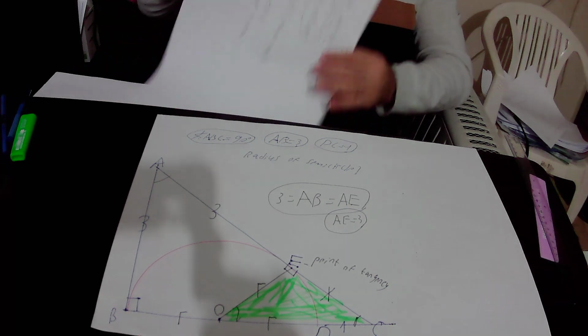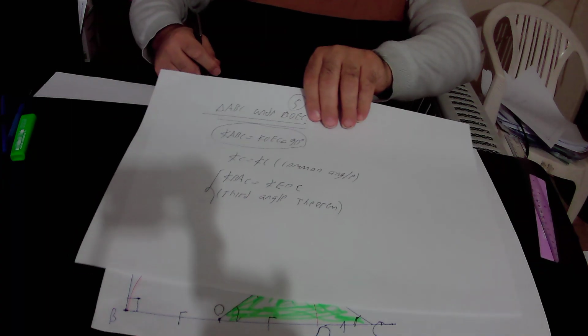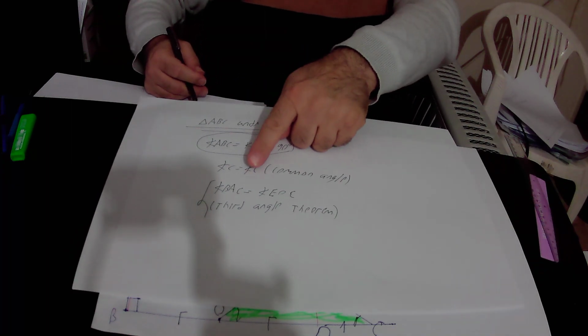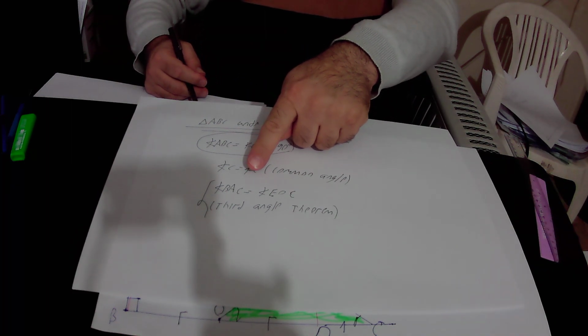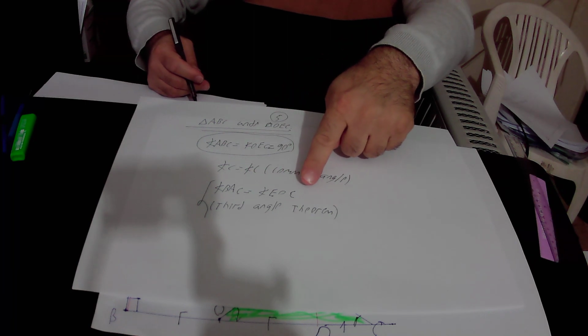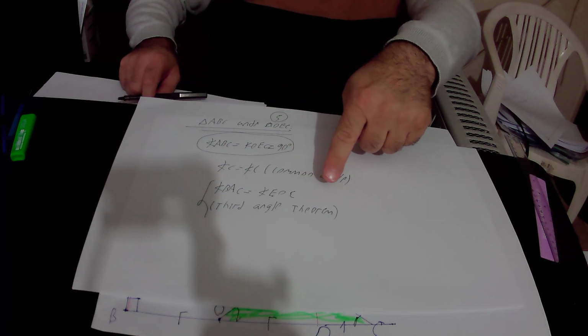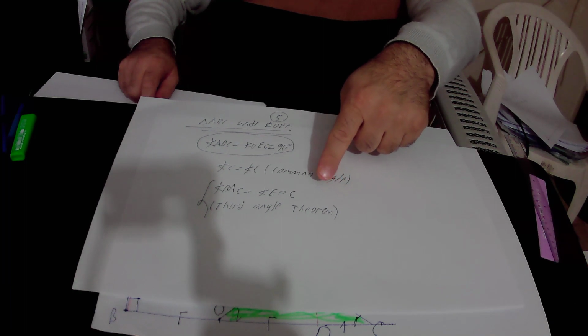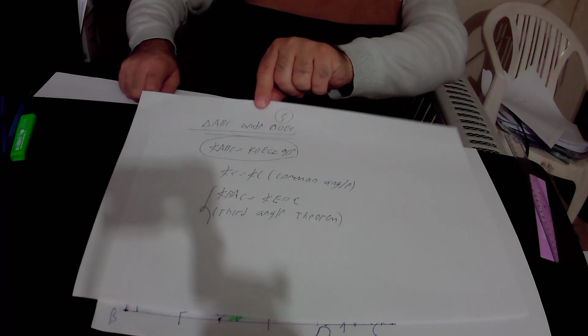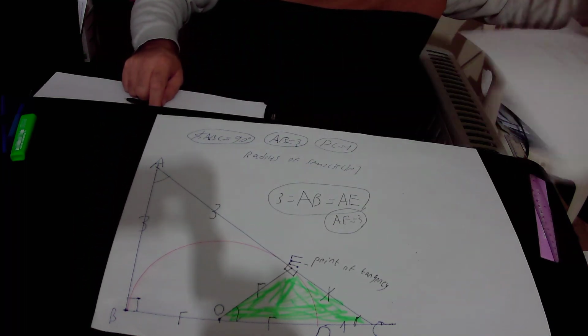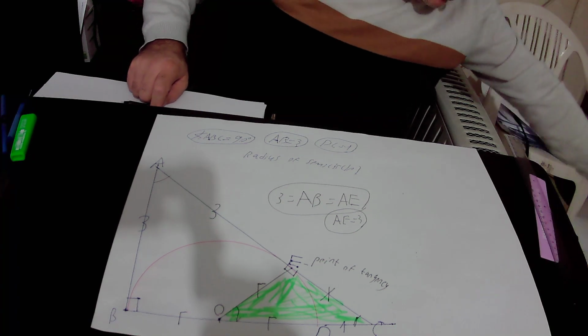So I'll repeat again. Angle BAC of triangle ABC equals angle EOC of triangle OEC, and they are equal to each other according to the third angle theorem. So what is the third angle theorem?